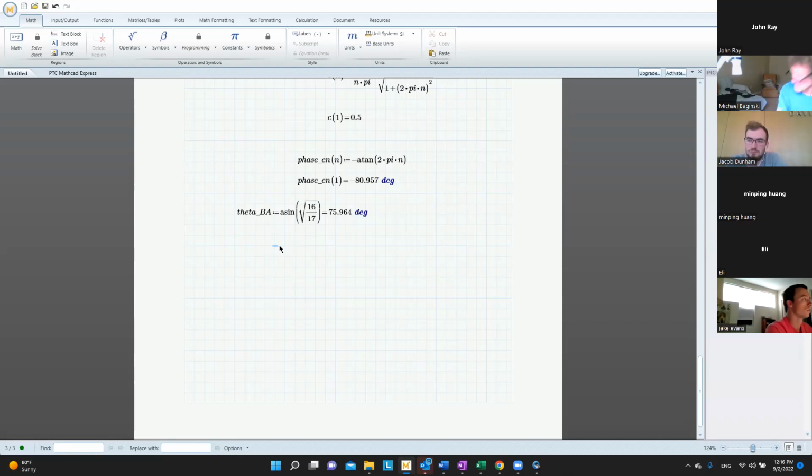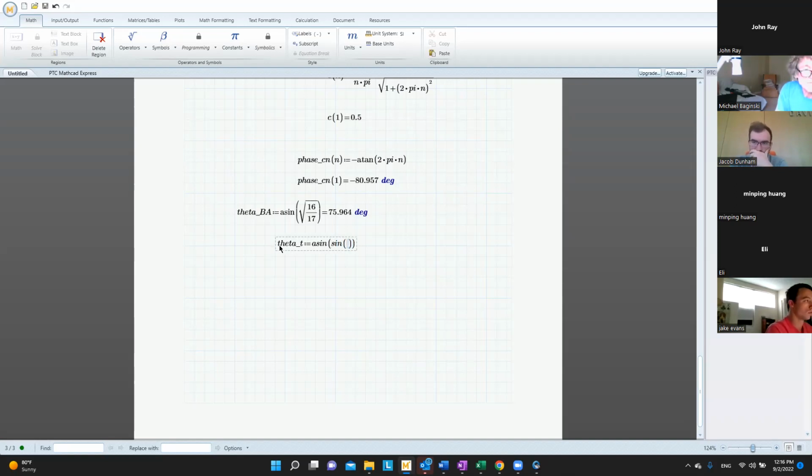And that means the transmitted angle, if I come back over here, might as well do the whole thing. So I'll just do it this way. Theta transmitted is equal to arcsine of the sine of 75.96.